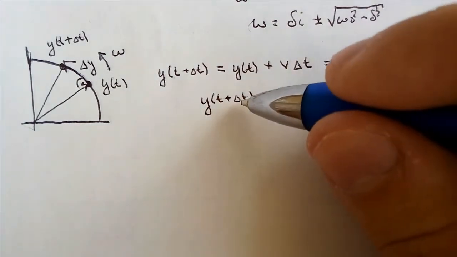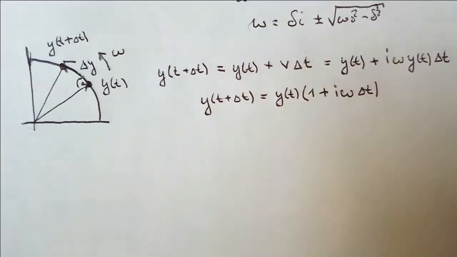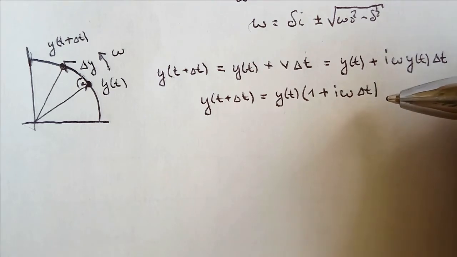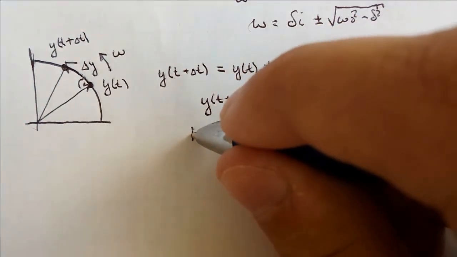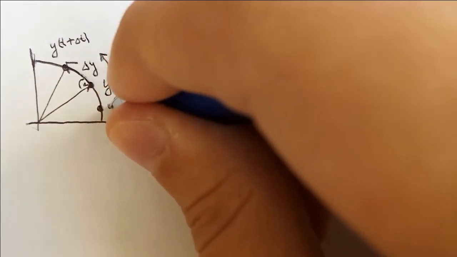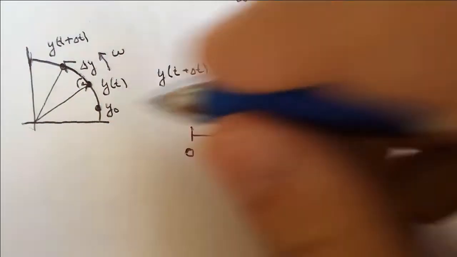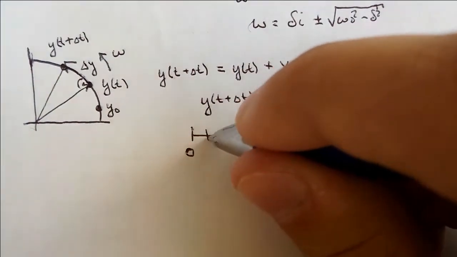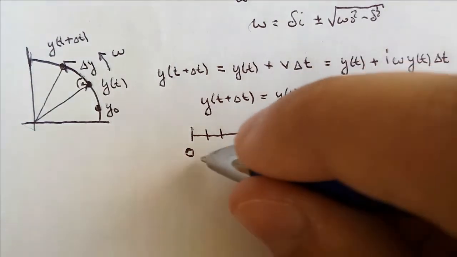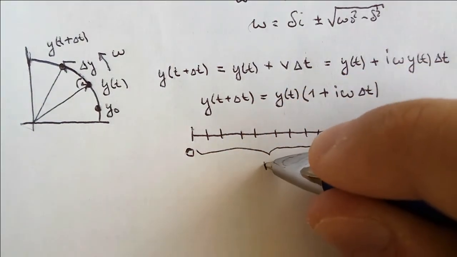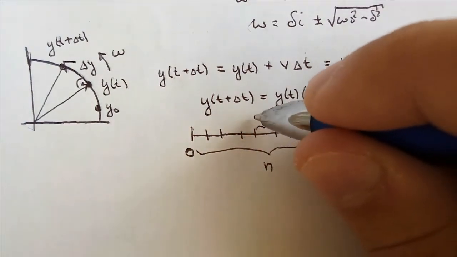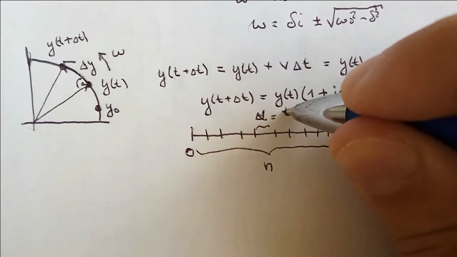That means that with every addition of delta t, the current position is multiplied by this complex number. Let's divide the time from time 0, when the position is y0, to the position at some t, into n pieces of very small intervals, where delta t is just t over n.